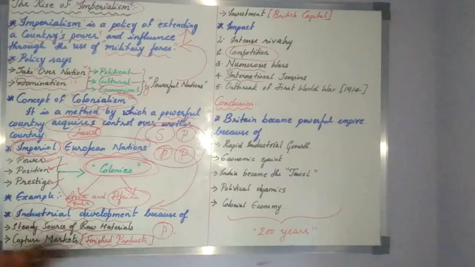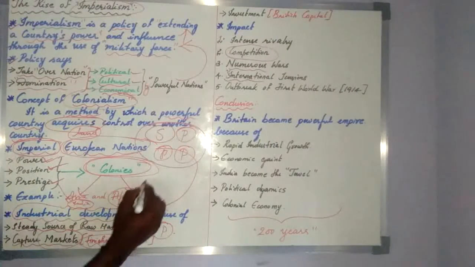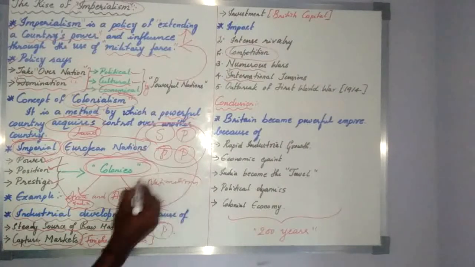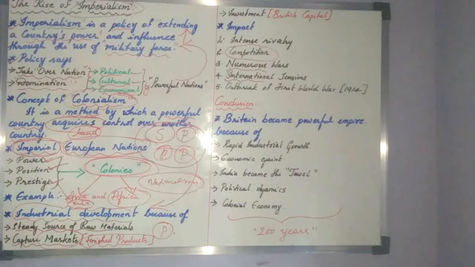What is the reason? It is because of imperialism and colonialism, which later made the concept of nationalism. So these are the impacts: intense rivalry, competition, numerous wars, intense international tension, and the outbreak of the First World War.